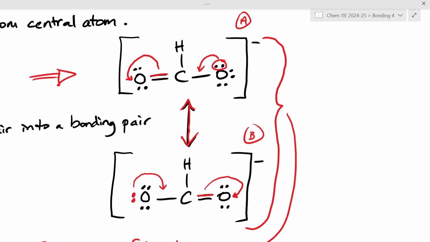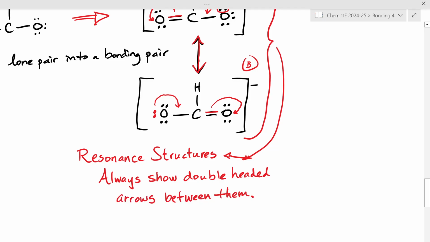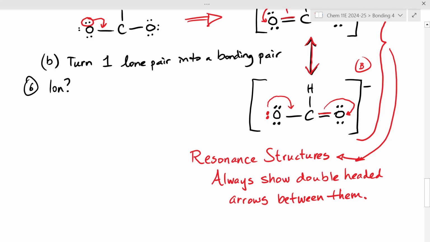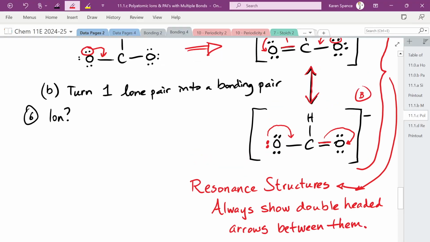But if we go out of the realm of a Lewis structure into a Lewis-ish structure, in reality, we don't have one bond that's a double bond half the time and a single bond half the time.